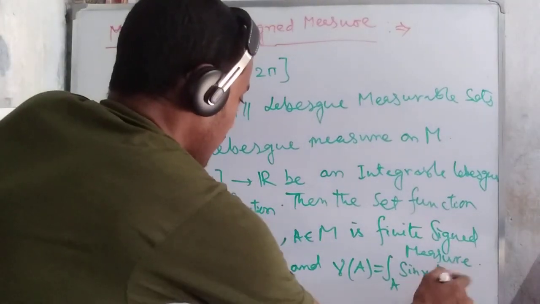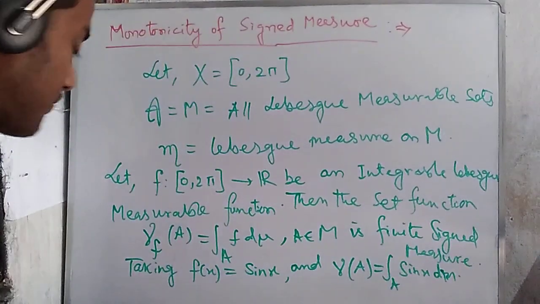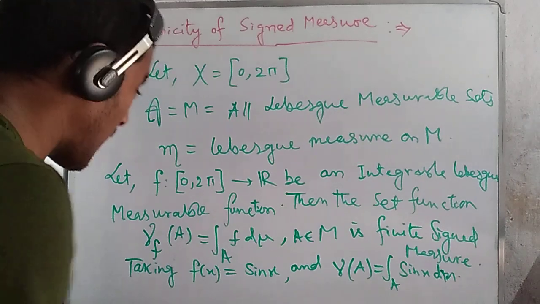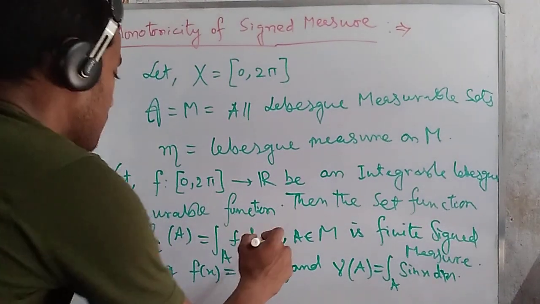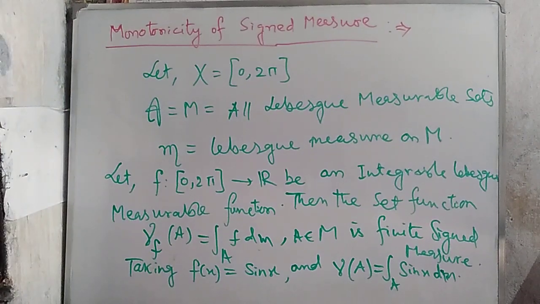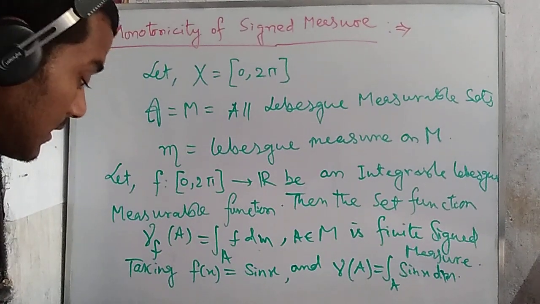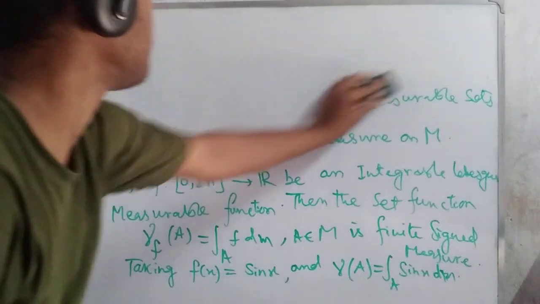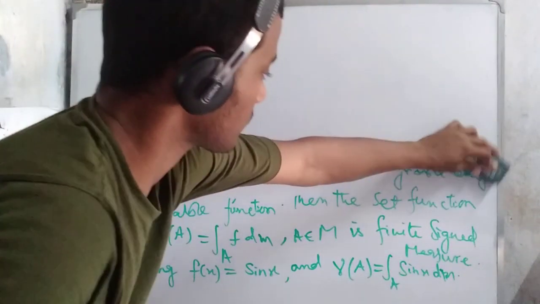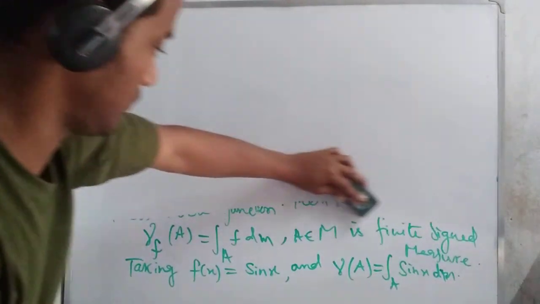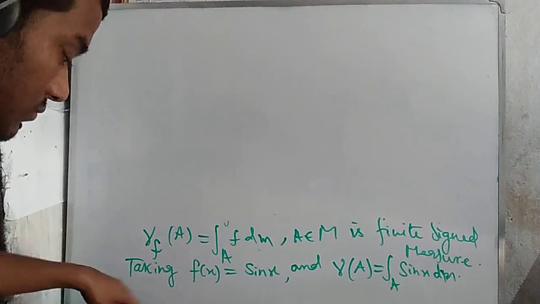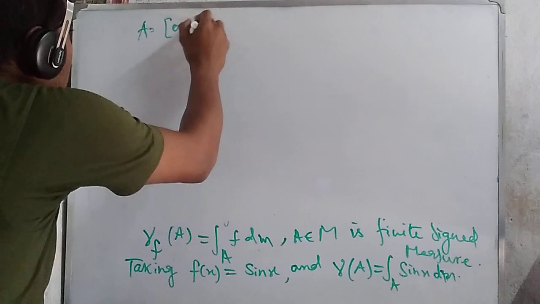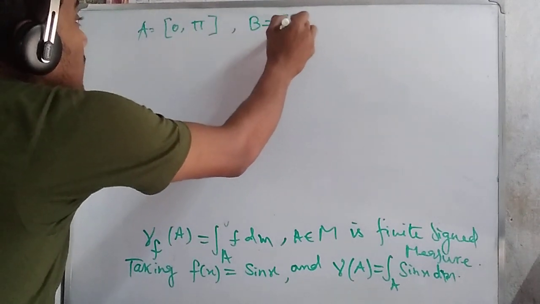Sorry, not dx: here we write dm, with respect to the measure. We write dm, not dμ, because here we constructed m as the Lebesgue measure. Then we take A equal to [0, π] and B equal to [π, 2π].